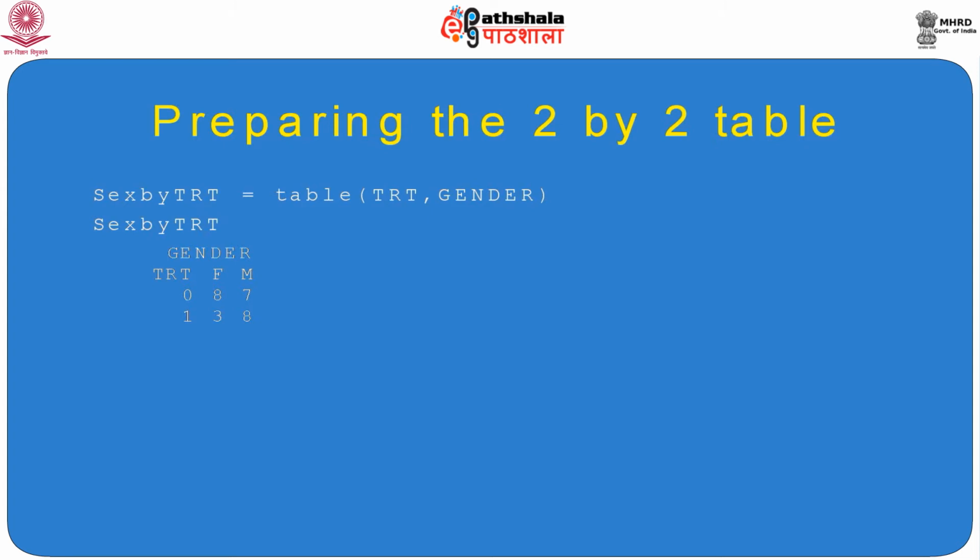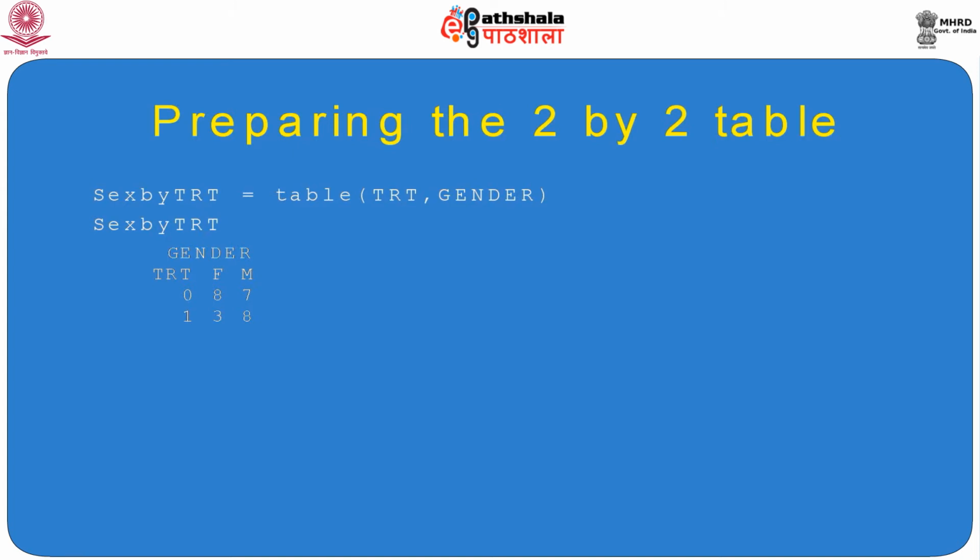Among these 26 individuals, 8 females were treated with placebo and 7 males were treated with placebo. Again, 3 females were given the intervention treatment, and among these, 8 males were given the treatment or intervention arm.